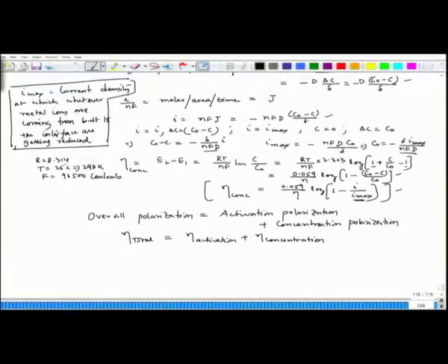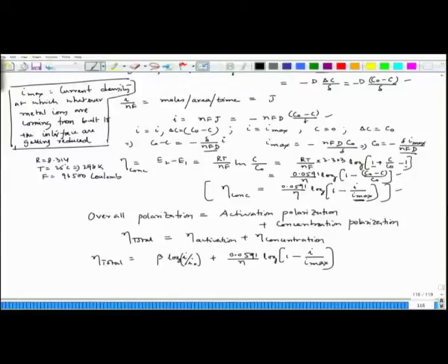So, then I can put it as plus, so this should be 1 by nF log 1 minus I by I max.